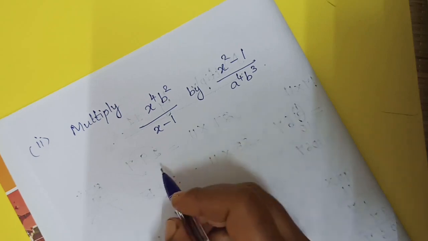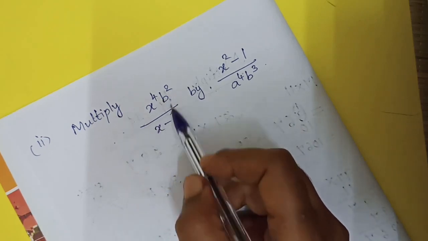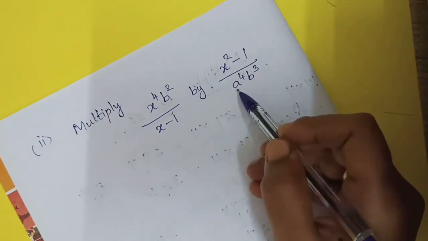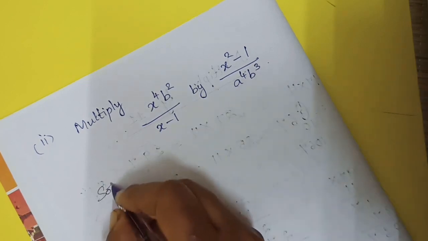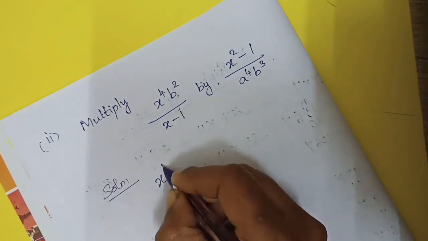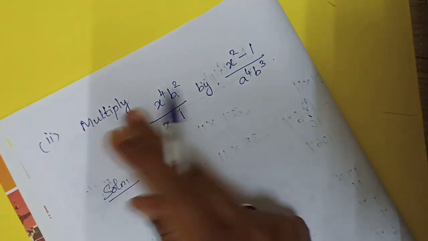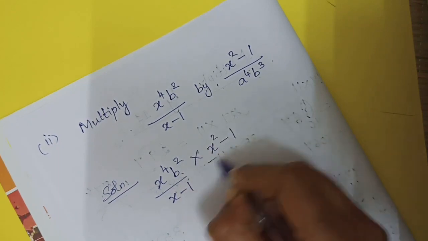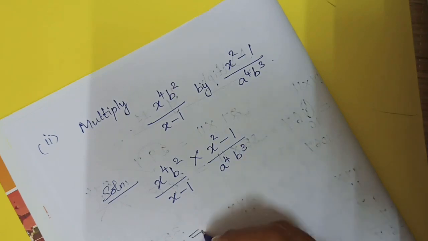Okay, next problem, second problem. Multiply x power 4 b square by x minus 1, by x square minus 1 by a power 4 b power 3. Listen. First, x power 4 b square by x minus 1, multiply by, no? So into x square minus 1 by a power 4 b power 3.